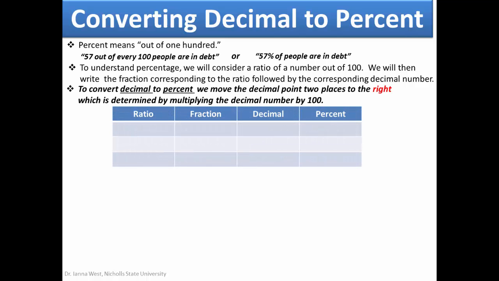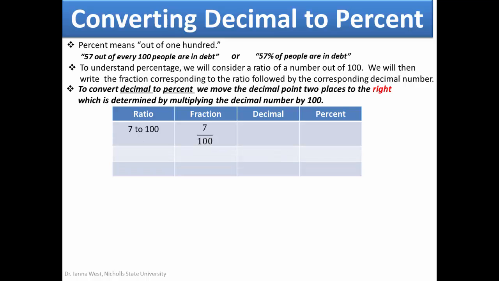If we write a ratio 7 to 100, this means 7 out of 100. When we take 7 out of 100, we can write this as a fraction 7 over 100, which could be read as 7 100ths.